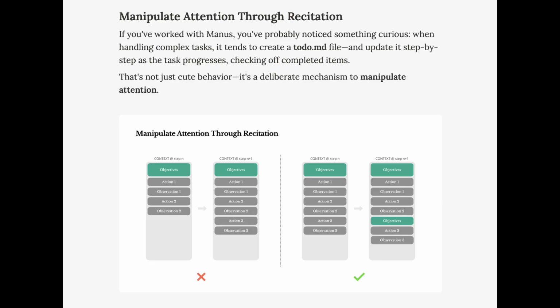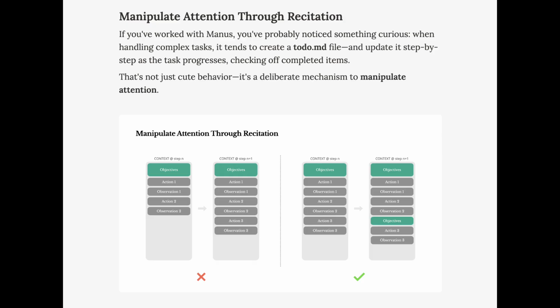Coming to the fourth one, remind the model what's important. Generally, large language models pay attention to recent tokens. So if your agent's main goal is written far back in the context, it might get ignored.